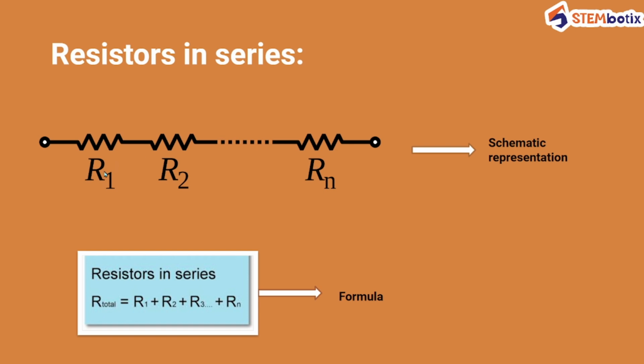For example, if you have R1, R2 up to Rn, meaning n number of resistors connected in series, this is how a series connection is done. The last terminal of the first resistor gets connected to the first terminal of the second resistor, then the ending terminal of the second resistor gets connected to the next one's first terminal, up to the second-last, the n minus one's last terminal, which gets connected to the first terminal of Rn.